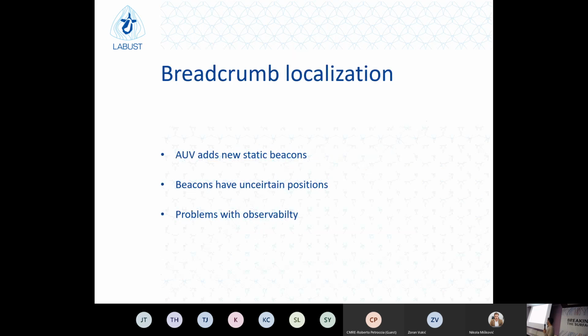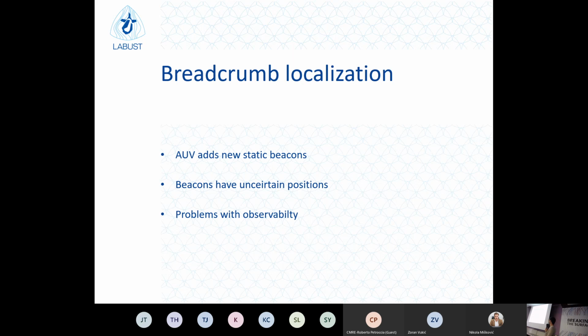So what we did next is a so-called breadcrumb localization. So the idea of breadcrumb localization is that the AUV will place its own beacons. And these beacons will have uncertain positions because the AUV will, of course, have some kind of error when it places its beacons.